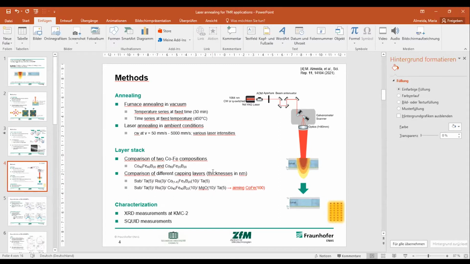We investigated 2 different cobalt iron compositions and also had some samples annealed in furnace, so that we can investigate how a typical annealing with the temperature series and the time series can compare to this laser annealing method. And for laser annealing, we tested continuous irradiation at different scanning speeds and various laser intensities.